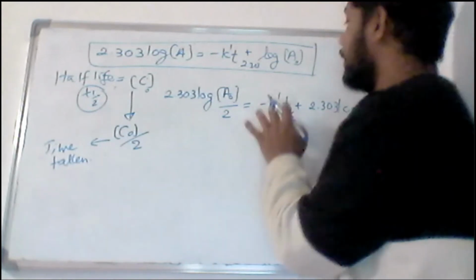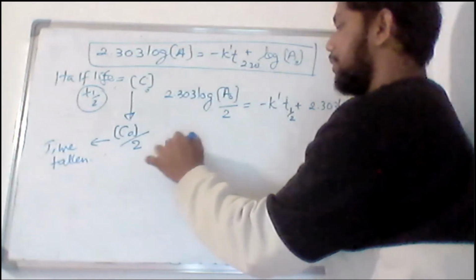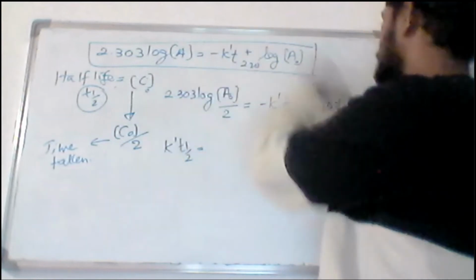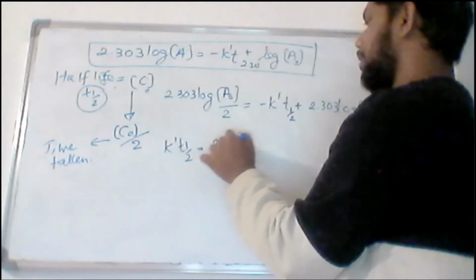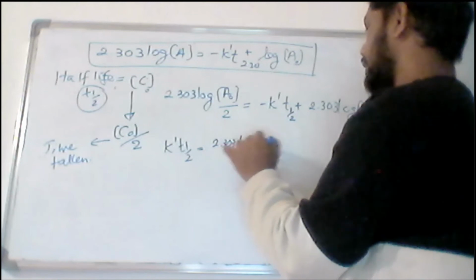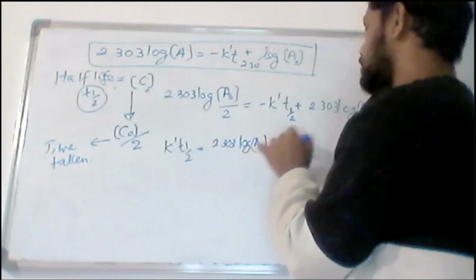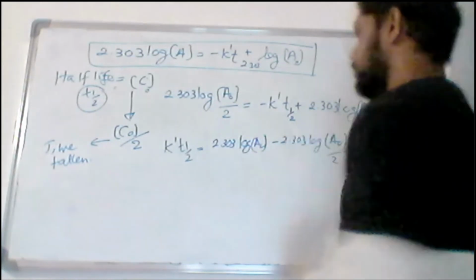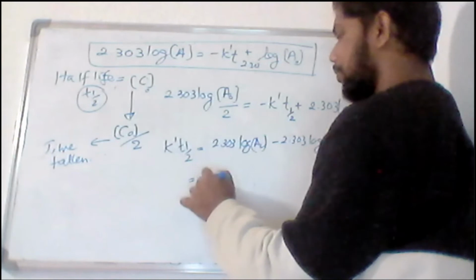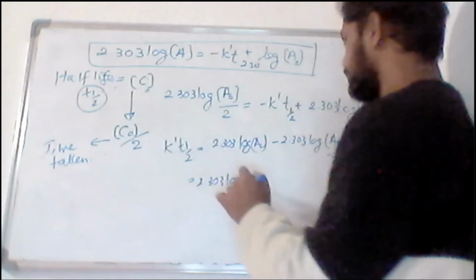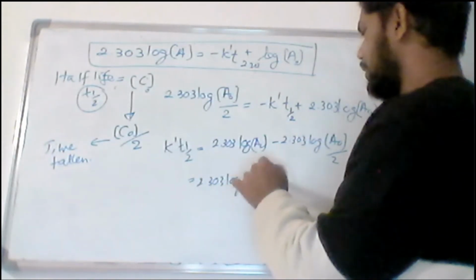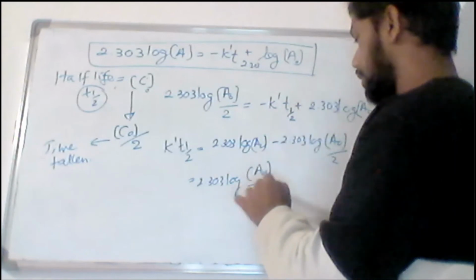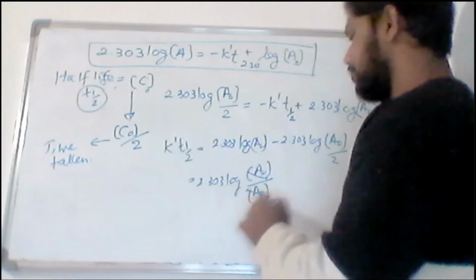Then k dash T half is equal to 2.303 log A naught minus 2.303 log A naught by 2. Now this becomes 2.303 log of A naught divided by A naught by 2, so this becomes log 2.